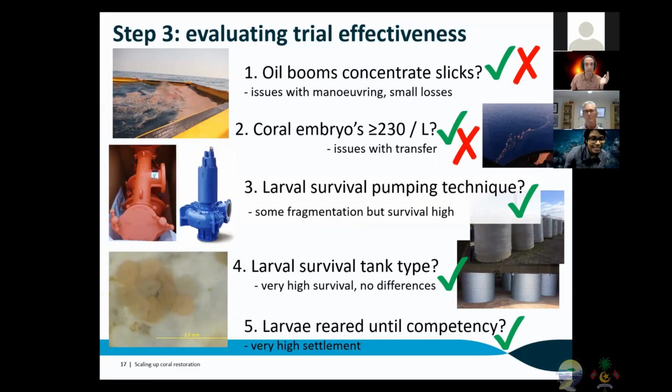Yes, that's definitely not a problem, but there are some issues with transferring from the surface of the water directly into the containers, which we're looking to improve. Larval survival was really high following pumping. We're really happy with that, as well as survival in the different tanks, and no worries about rearing these until competency.